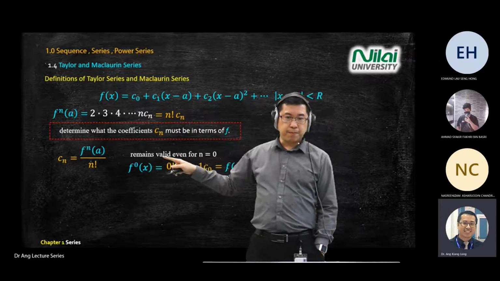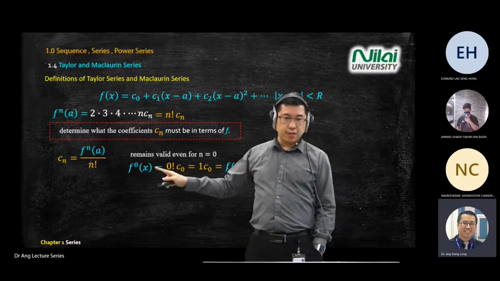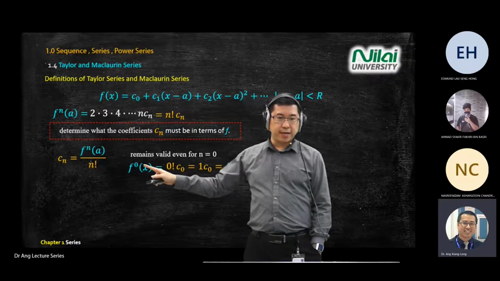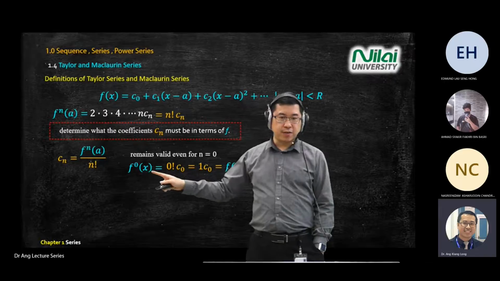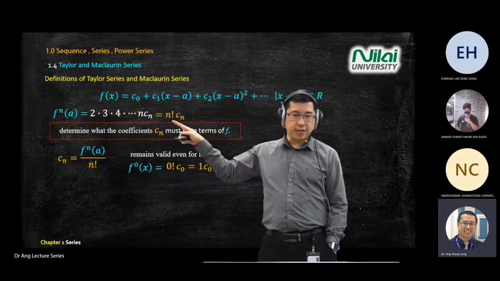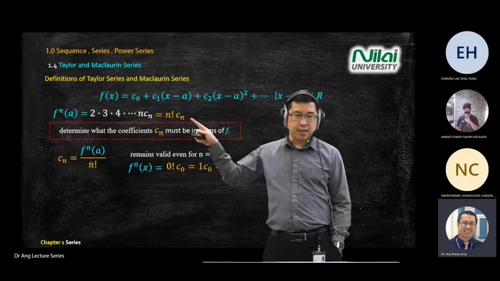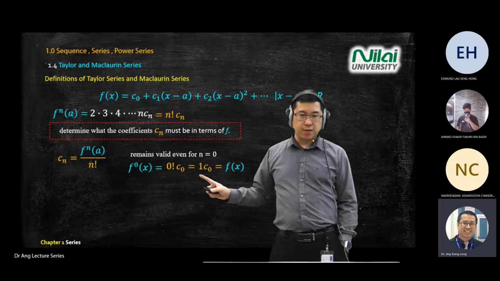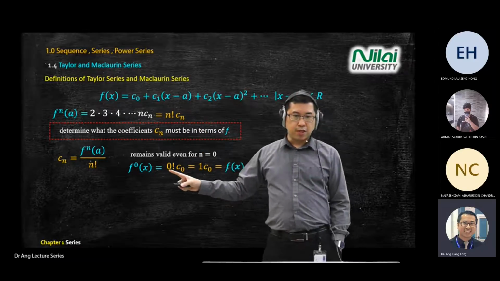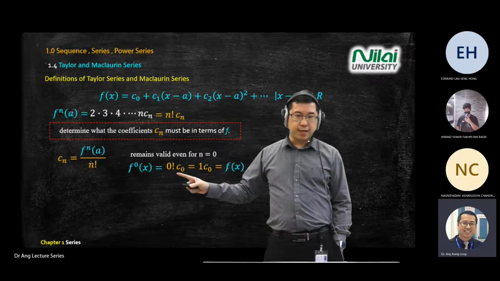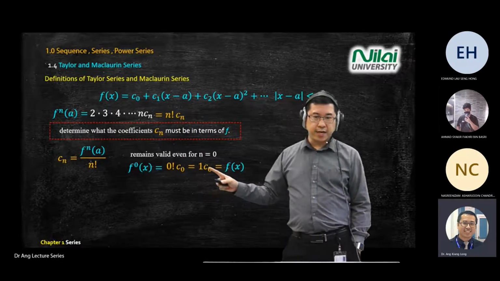What happens if you replace n with 0? So f power 0, x equal to 0 factorial C, where n is 0. So 0 factorial is actually equal to 1.